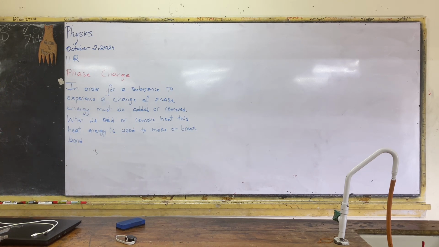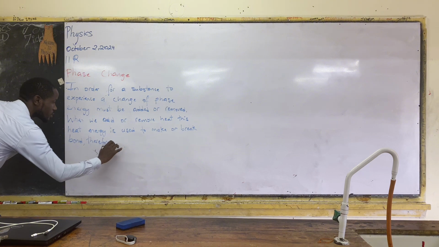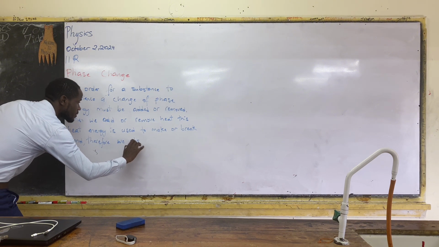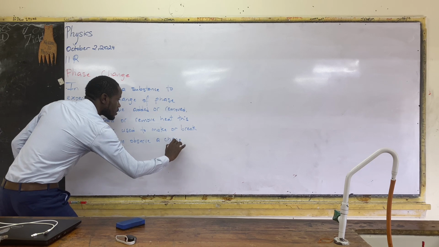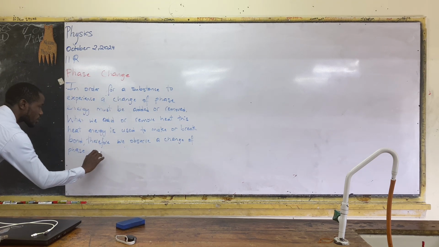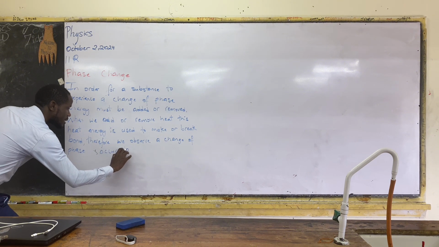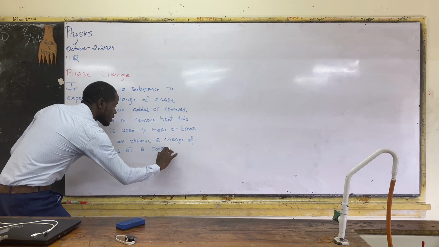So the energy is used to either make bonds or break bonds. Therefore, we observe that a change of phase occurs at a constant temperature.